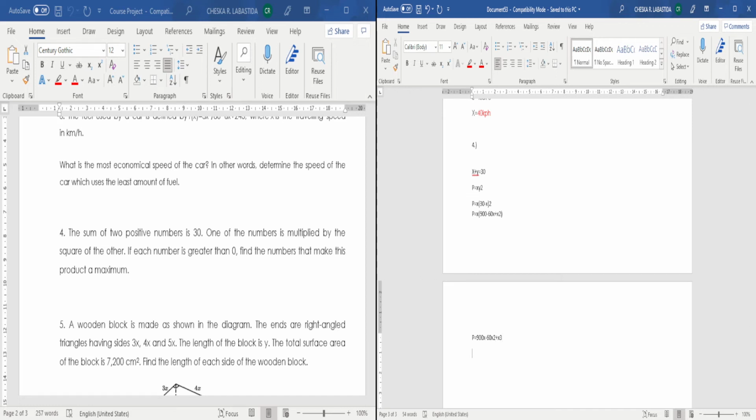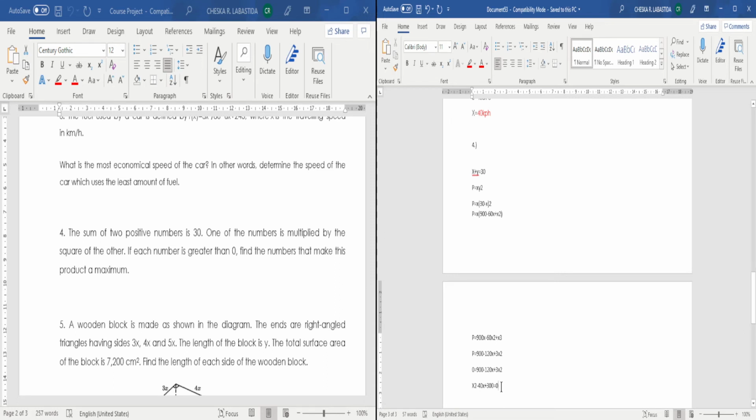So take its derivative and set it to 0. The first derivative is equal to 900 minus 120x plus 3x squared. Since we will be setting this to 0, 900 minus 120x plus 3x squared equals 0, so x squared minus 40x plus 300 equals 0.